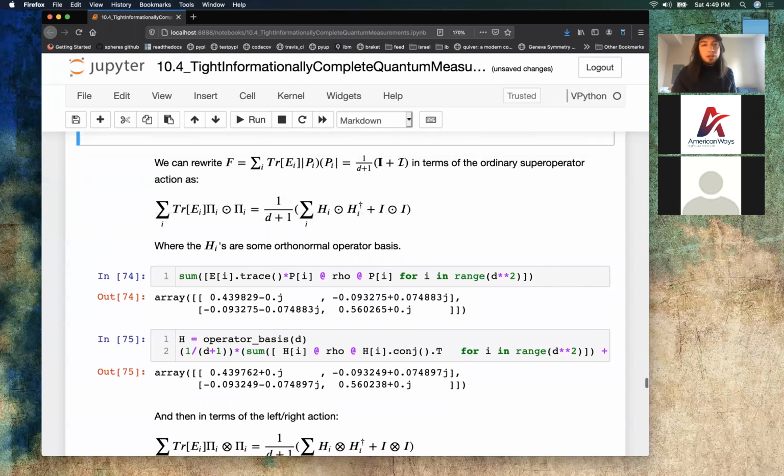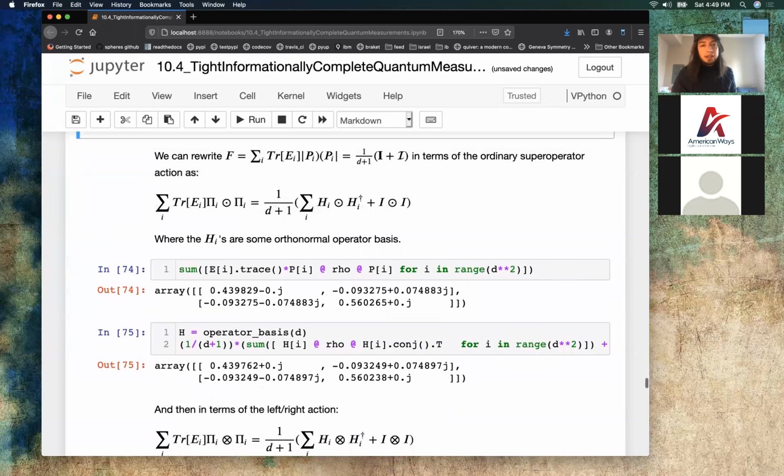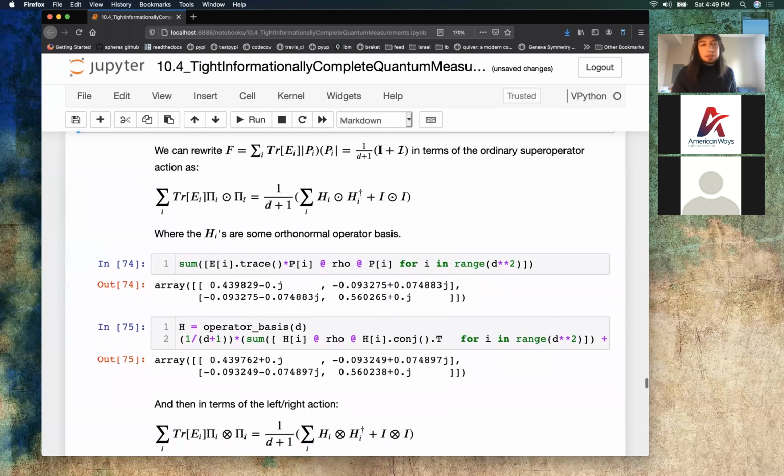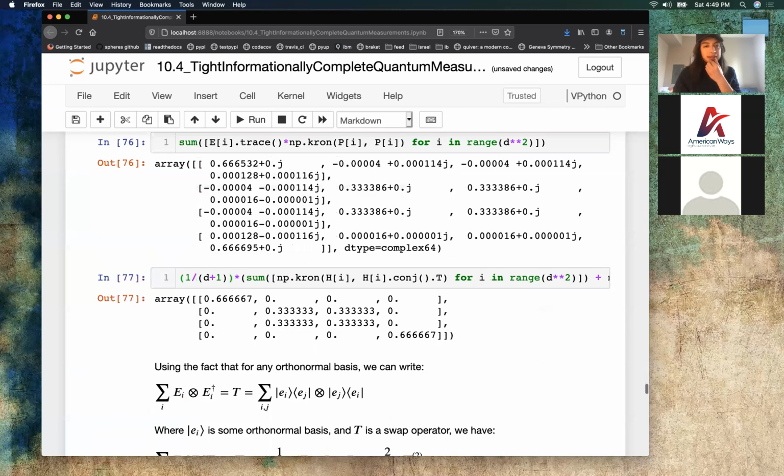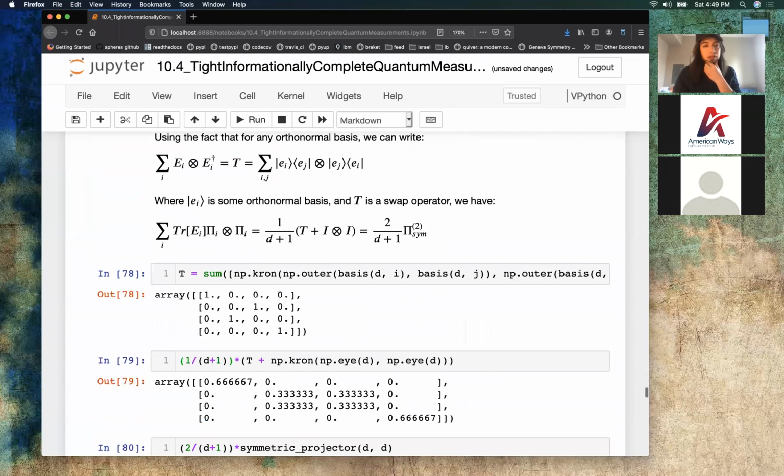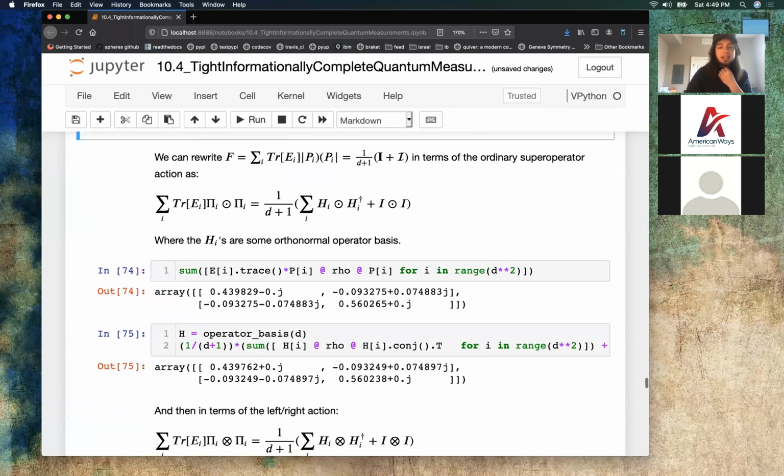Is this useful? Yeah, this connects up with some stuff we were talking about before. We can rewrite F, the frame super operator, like this.